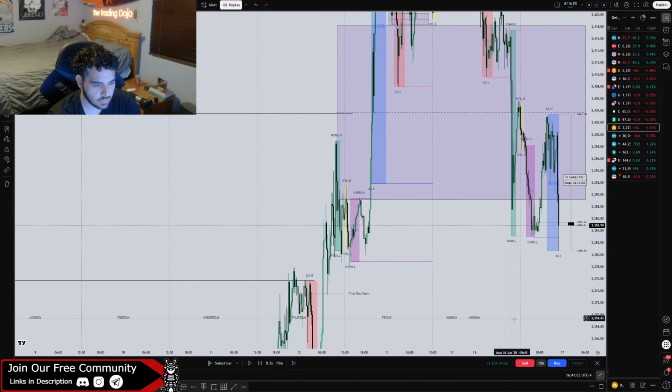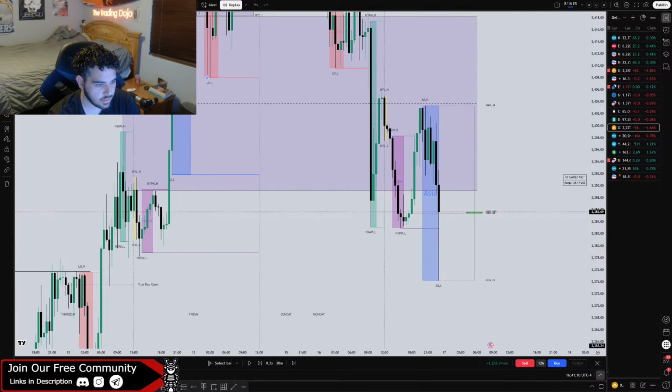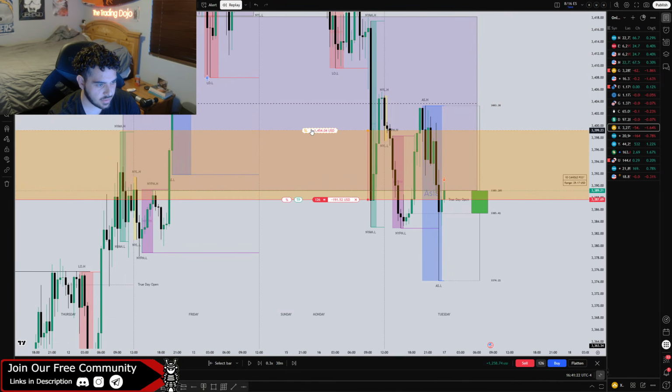Okay. Trying to decide what we should do right here. The setup's still quite bearish, but see if we could catch some sells right here.